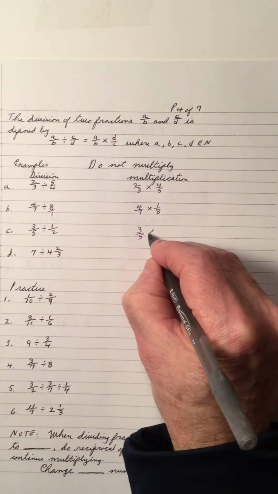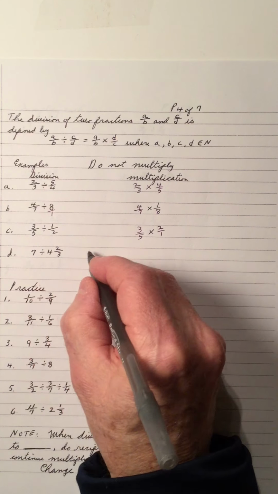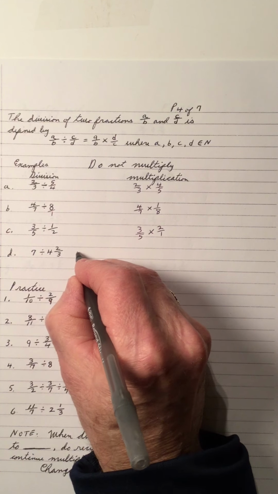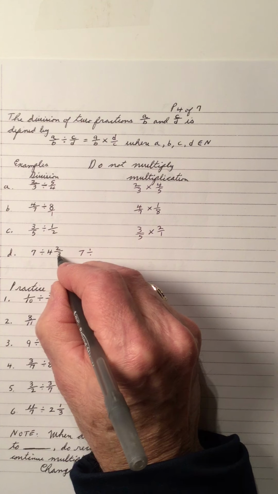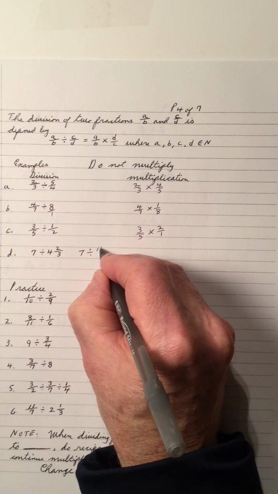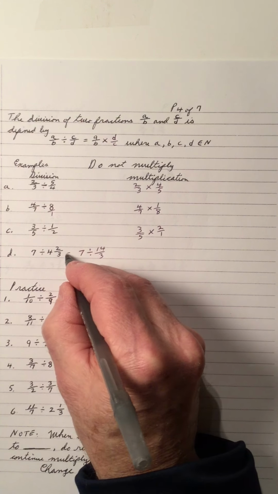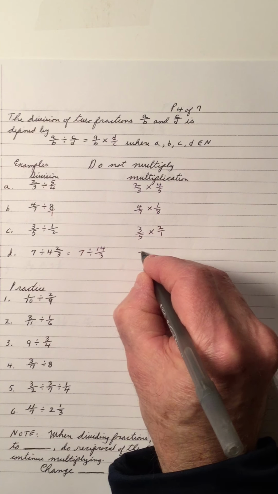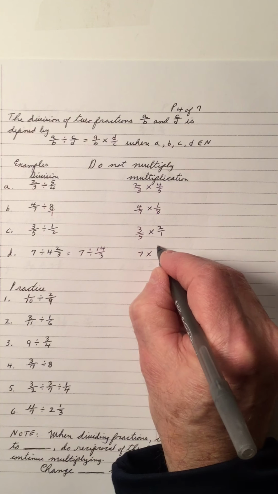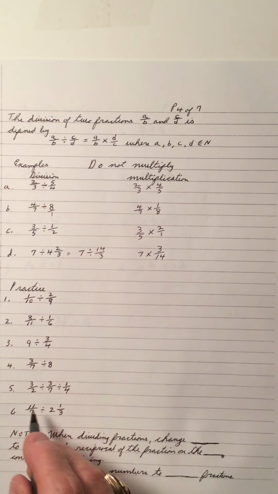Divide it by a half, so you multiply by 2 over 1, or 2. 7 divided by 4 and 2/3, so that's 7 divided by 3 times 4 is 12, plus 2 is 14 over 3. So if we change the mixed numeral to an improper fraction, now we can multiply 7 times its reciprocal, 3 over 14. And practice.